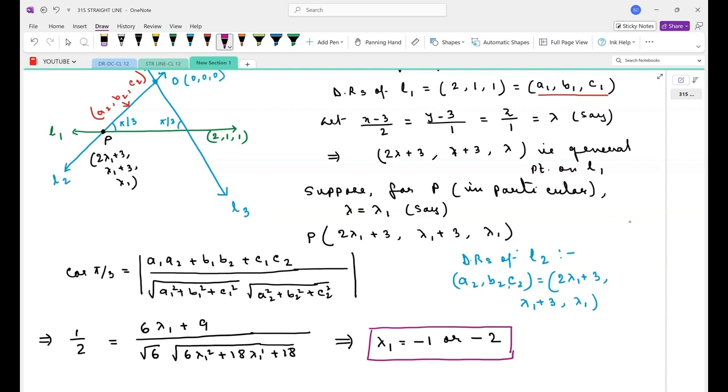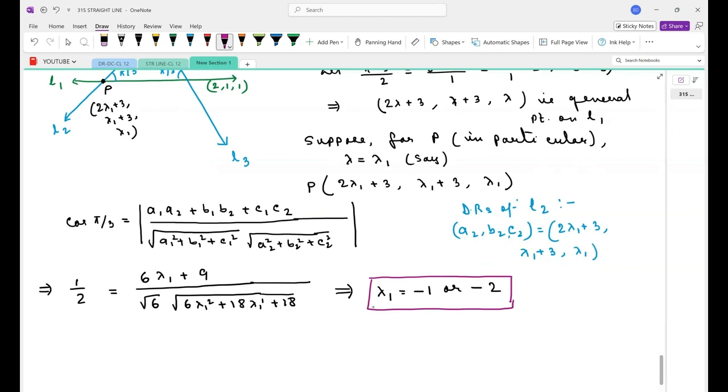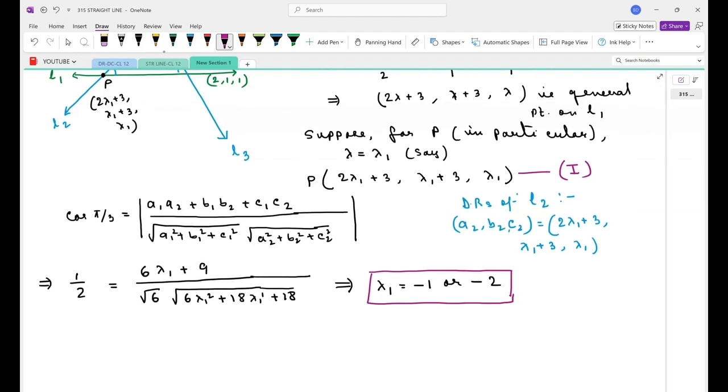So basically now, if I substitute the values of lambda 1 here, let me name it 1. Okay, let us substitute for the DRs.